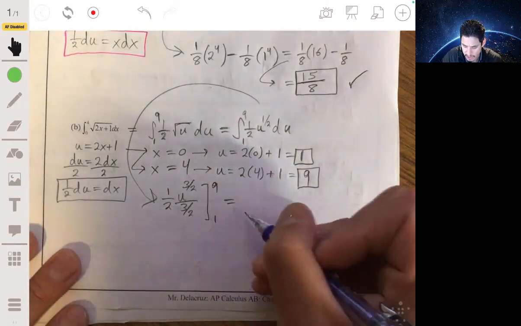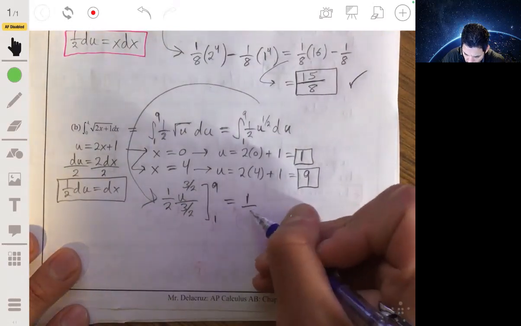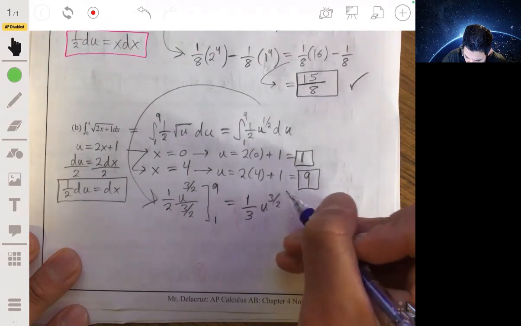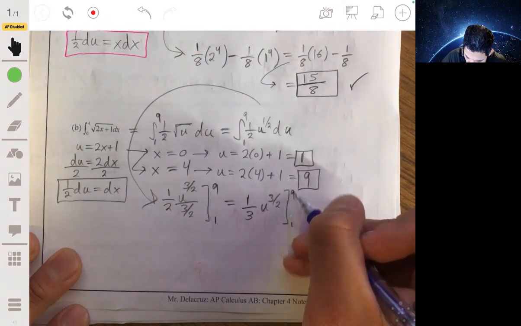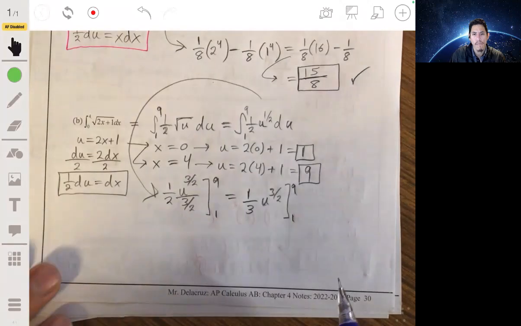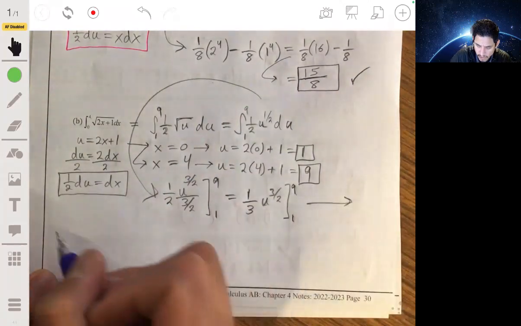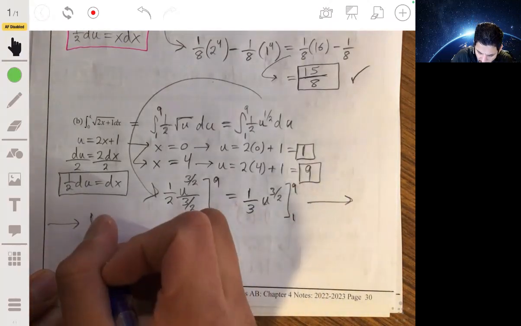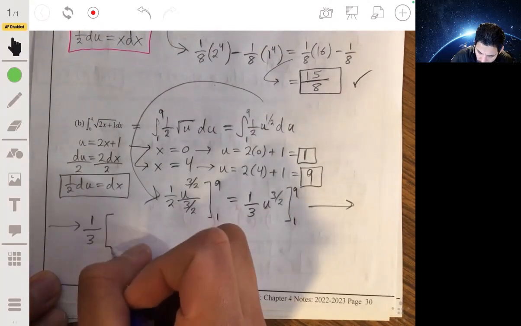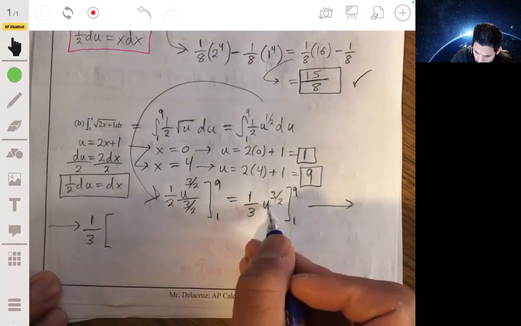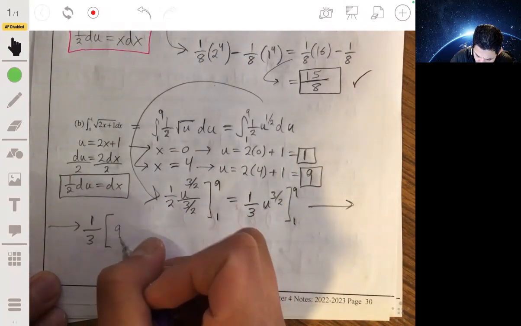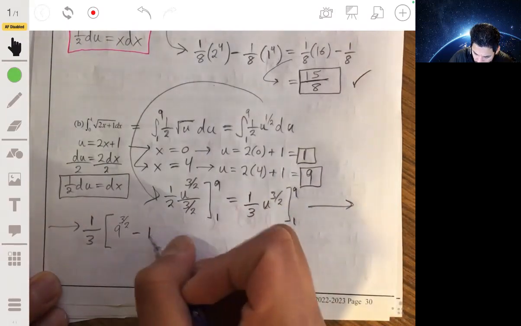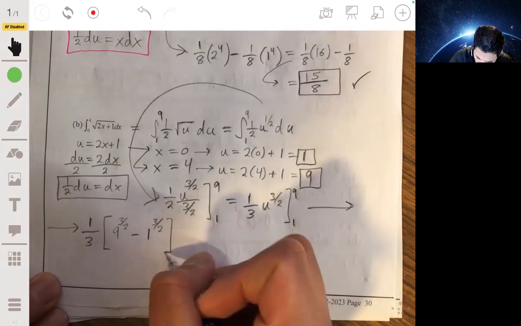Let's rewrite this as 1/3 u to the 3/2, integrating from 1 to 9. And let's go all the way here because we want to make sure that we don't make a mistake. Let's just bring that 1/3 out for now. And we'll have 9 to the 3/2 minus 1 to the 3/2, all multiplied by 1/3.